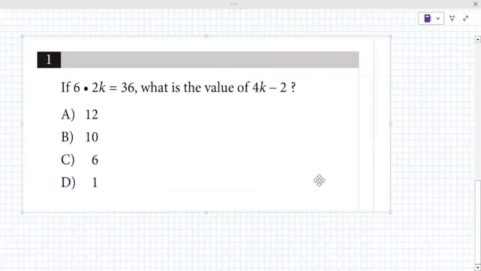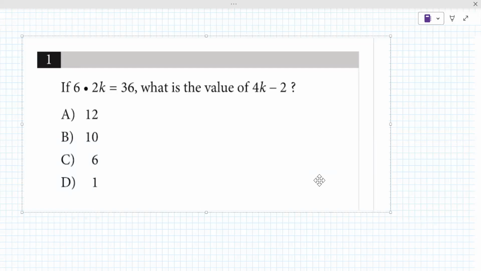Okay. All right. 6 times 2k equals 36. Okay. All right. 36 divided by 6, that'll equal 6. I know x equals 3, 4, 8, 12, minus 2, B, 10.